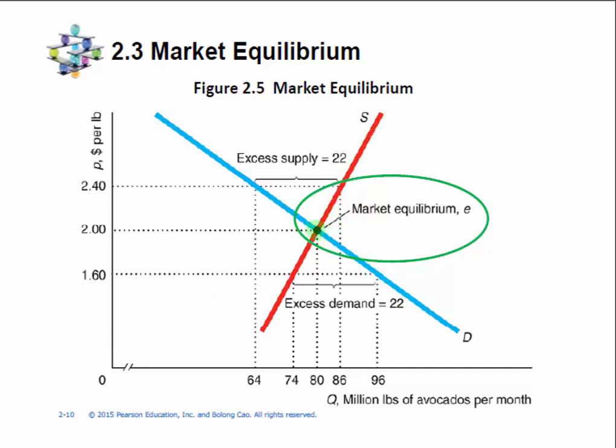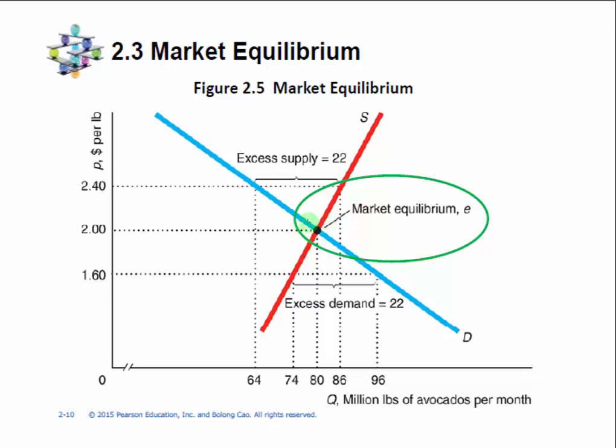If the quantity demanded equals the quantity supplied, we have the so-called market equilibrium. In this picture, the market equilibrium price is $2, and at that price, the quantity supplied equal to quantity demanded is 80 million pounds per month.